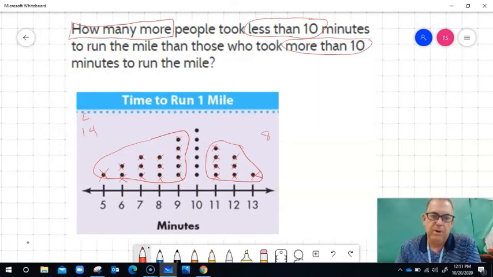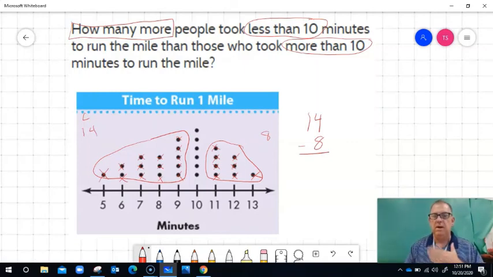So what operation am I going to use to figure out how many more people it took less than 10 minutes to run a mile than it took more than 10 minutes to run a mile? Yes, that's right. It's a subtraction problem. So the subtraction problem is going to be 14. I always start with a larger number. I'm going to take away 8. Okay, and really on that problem I can just count up.